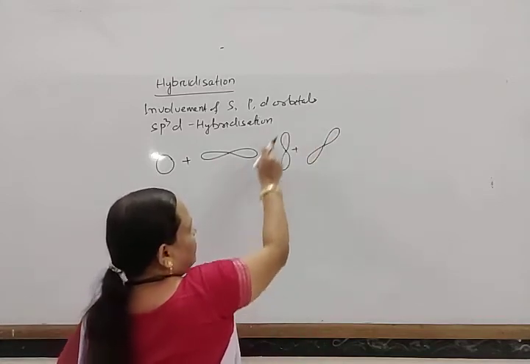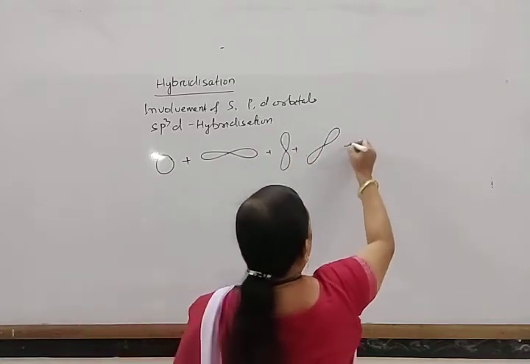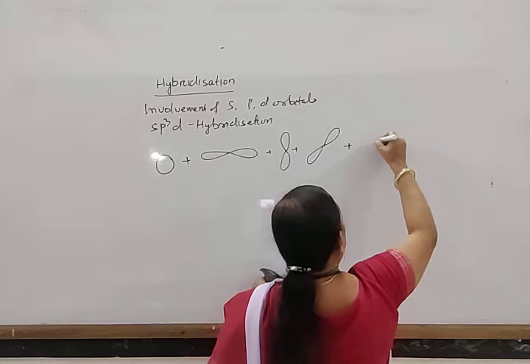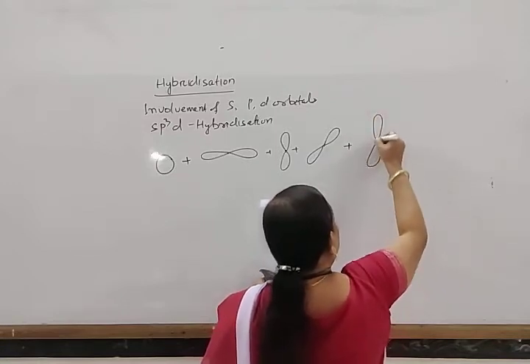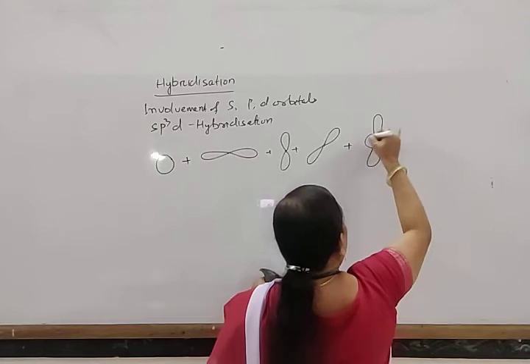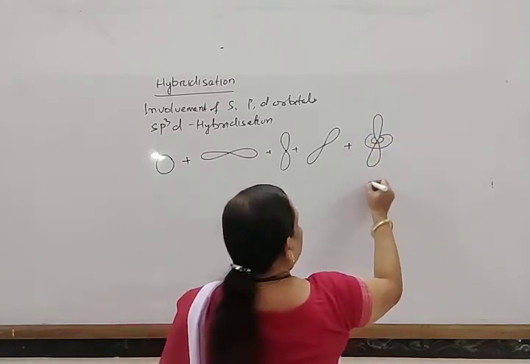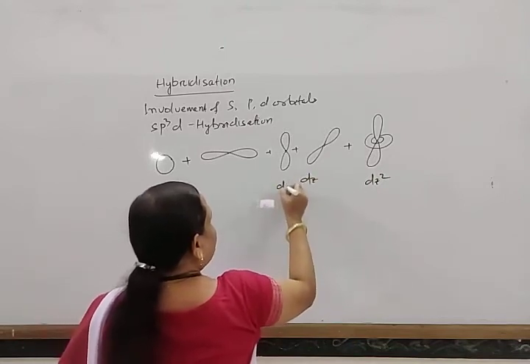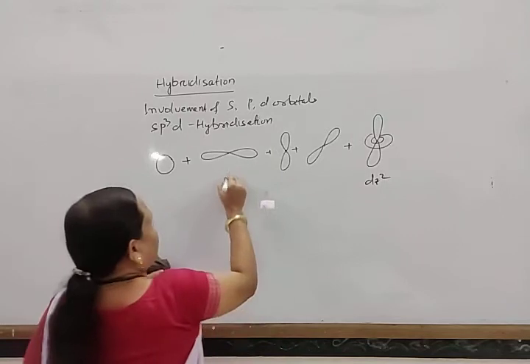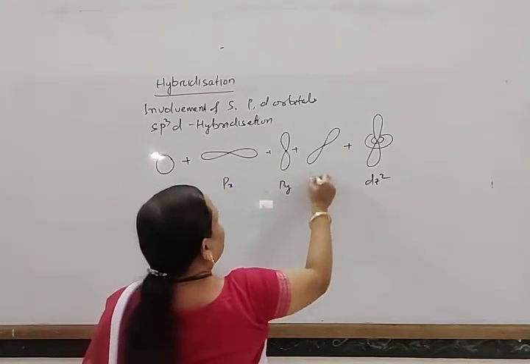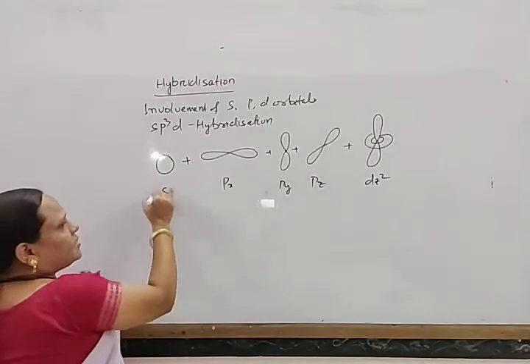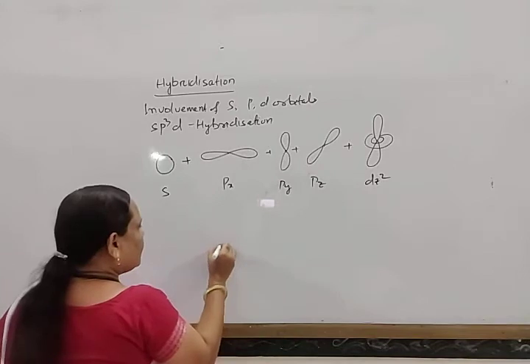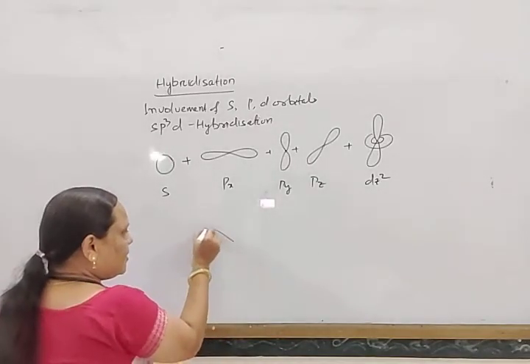These lie along the x-axis, y-axis and z-axis, and among the d orbitals, it is the dz square orbital, which has this type of shape. So this is your dz square orbital, this is px, py and pz, and this is the s orbital. All these orbitals intermix and give rise to 5 orbitals, oriented like this.